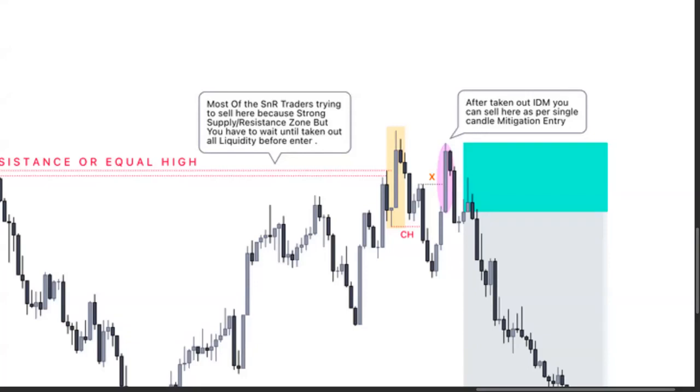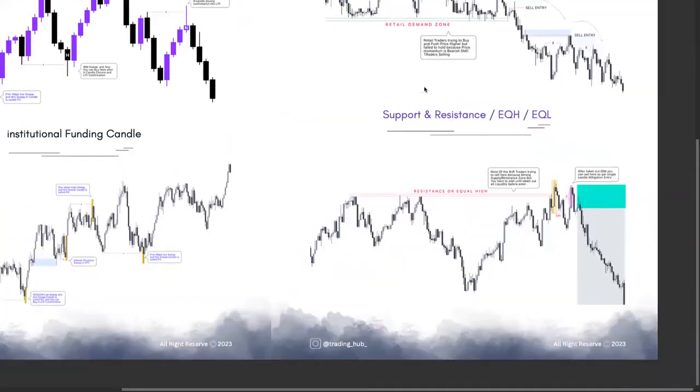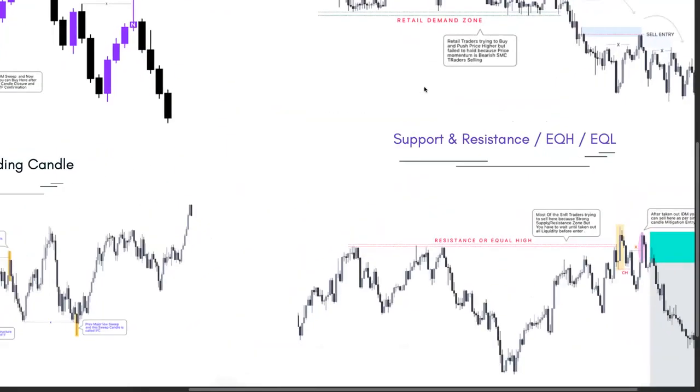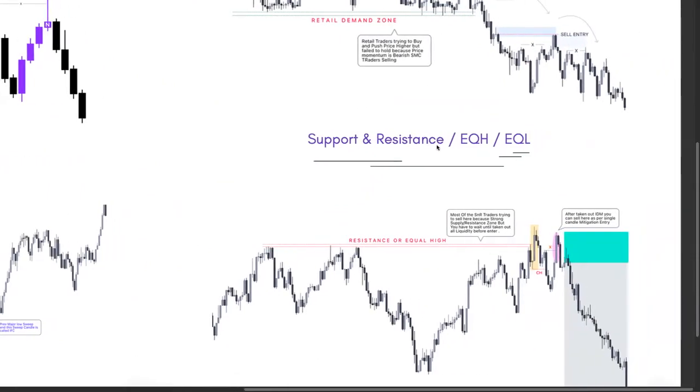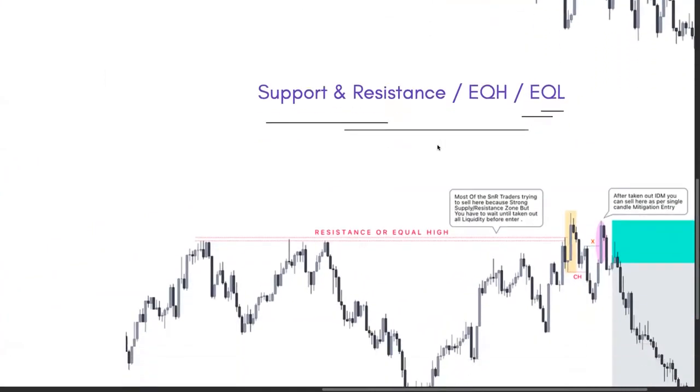So you need to understand what retail traders are thinking most of the time, how retail traders think about support, resistance and trend lines, right? So everything is liquidity. Even the order block is also liquidity, correct? But you have to think in a different way, right?